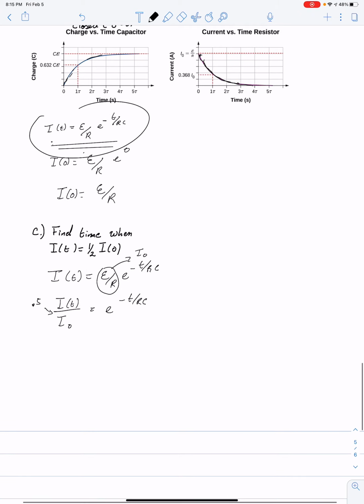Then I do a natural log on both sides, and I have natural log of 0.5, because we found the ratio, equals negative t over RC. Remember, if you implement the natural log on both sides, the e goes away, and what you're left with is negative t over RC.